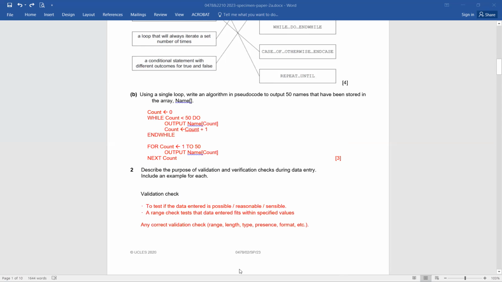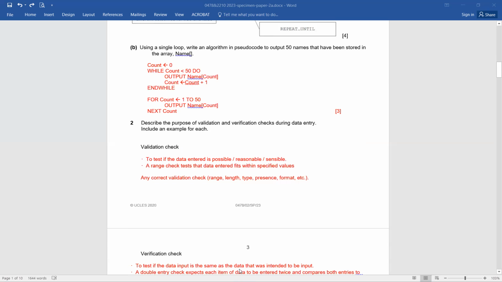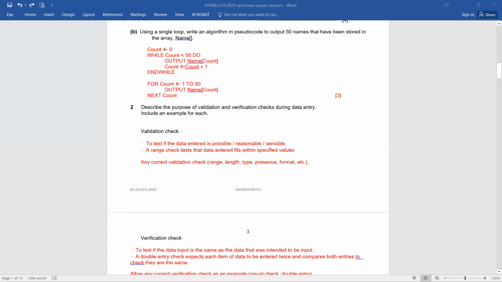Now moving to the second part, which deals with verification. As you can recall, verification means to test if the data input is the same as the data that was intended to be input. Whatever was required to be input, is it the same or not? And for that, you remember very well that there are 2 verification checks we have learned. The first one is double entry, and the second one is the visual check.